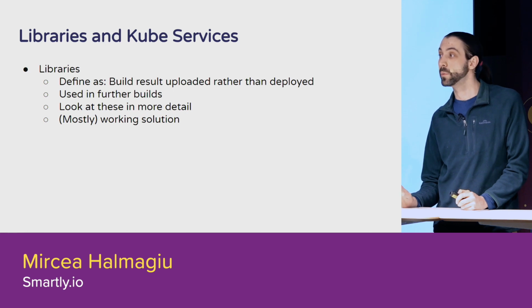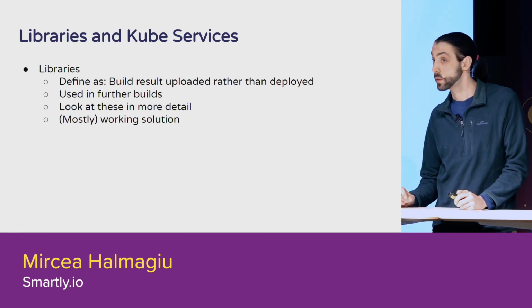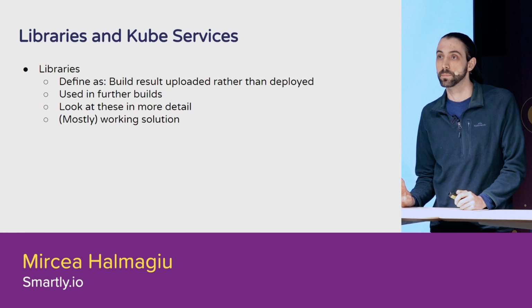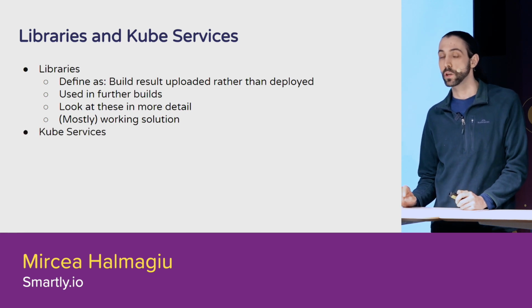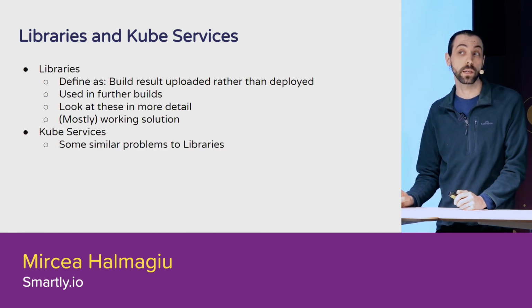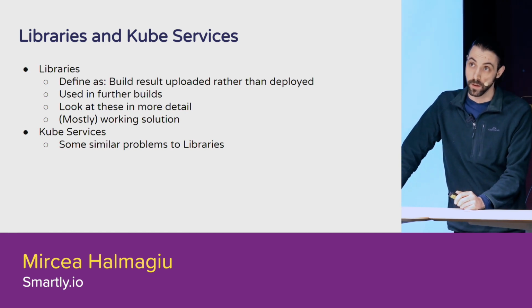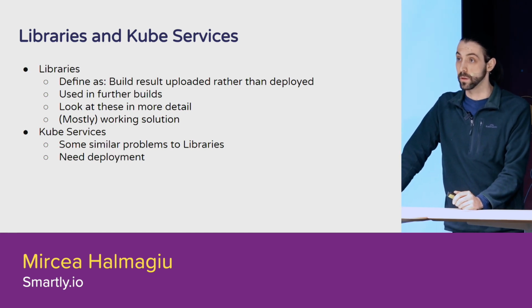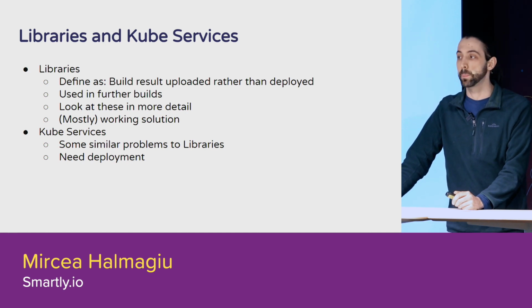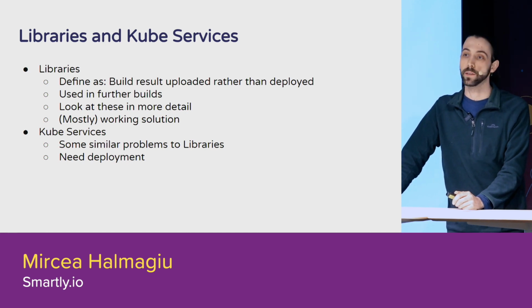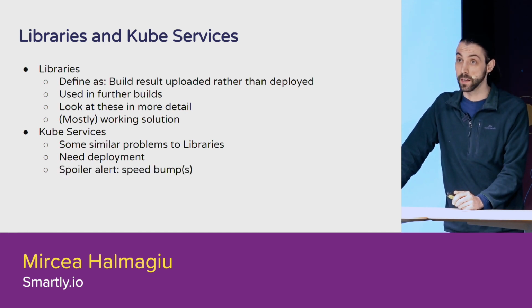But we have a mostly working solution for this, and we'll come back to the speed bumps in a second. But yes, Kube services. Now these are mostly the same as libraries, but they have one significant further problem, and that's deployment. You have to actually deploy this. You can't just upload it somewhere and somebody else will take it from there. You actually have to follow through with the deployment. And spoiler alert, there's some speed bumps involved in doing that.